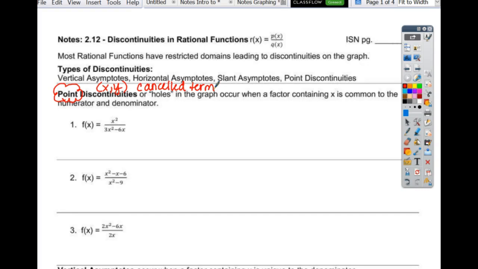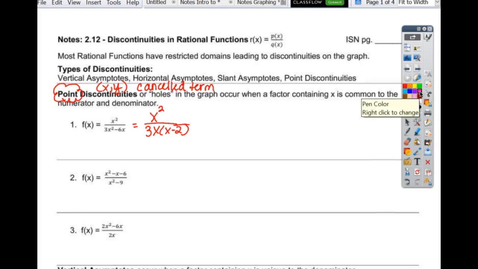So on the first one, I want to know if anything cancels. So on top, I just have an x squared. And on bottom, what can I factor out? Yes, the 3x. So if I take out the 3x, that leaves me with x minus 2.